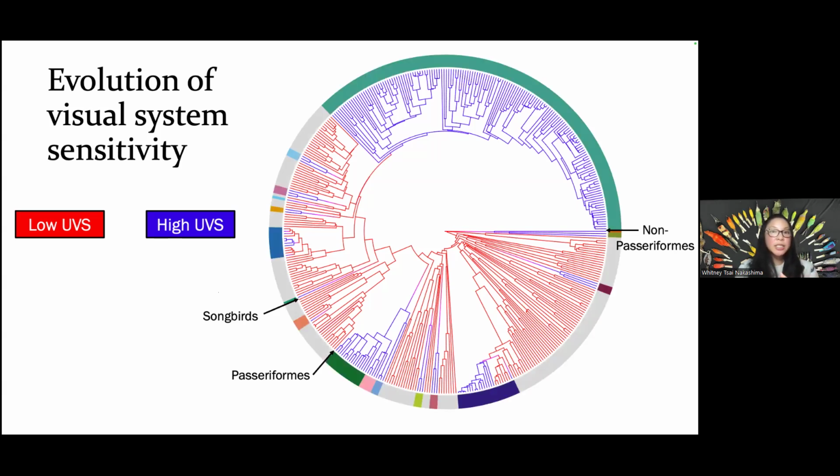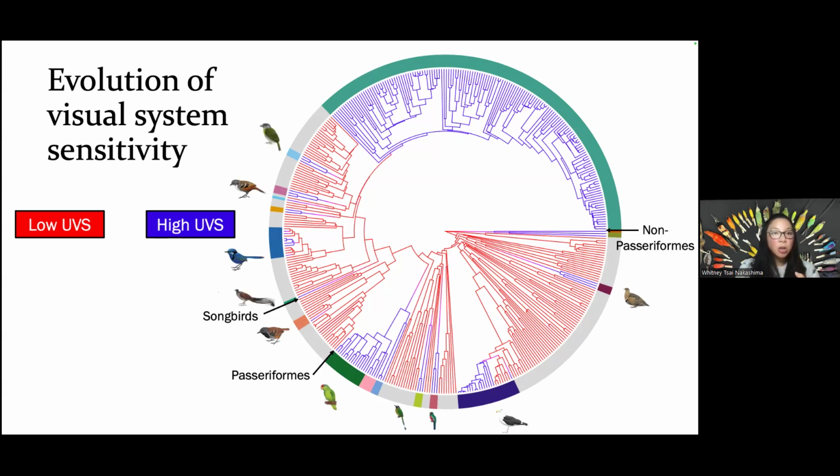And so here in these different colors, I'm just highlighting some of the different lineages where we see high UVS evolving. In terms of non-passerine birds, we see it evolving in sandgrouse, gulls, trogons, motmots, parrots. In the suboscine passerines, we only see it in one group, the antbirds.